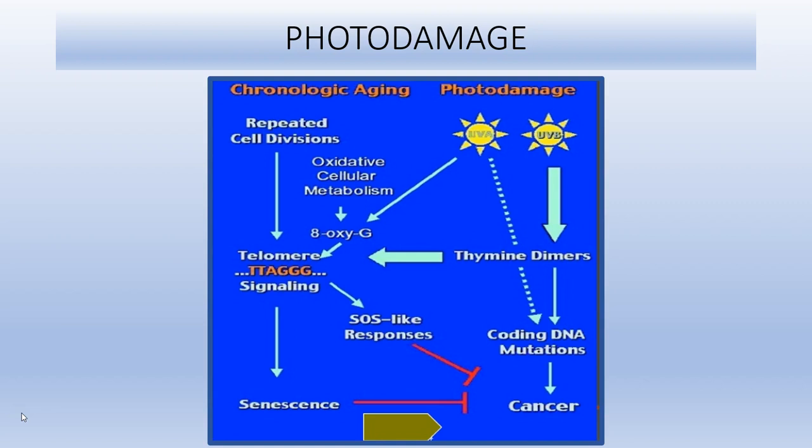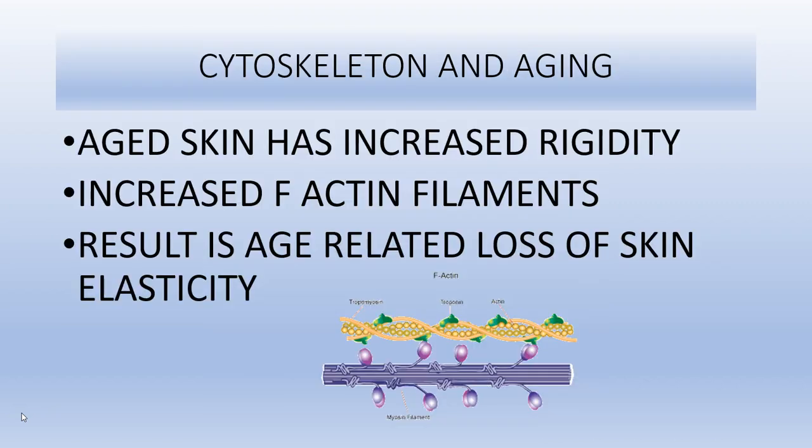Photo damage, not so much a problem in the foot as it is elsewhere, but we know that we generate free radicals. We affect DNA with ultraviolet light B and ultraviolet light A. This can result not only in accelerated skin aging with collagen cross-linking and abnormalities in DNA, but abnormalities in telomere function, and stop the DNA from replicating, but also can lead to certain forms of skin cancer on the foot as it can elsewhere.